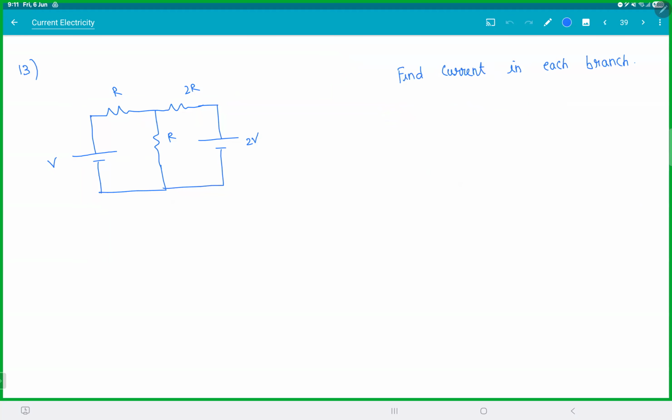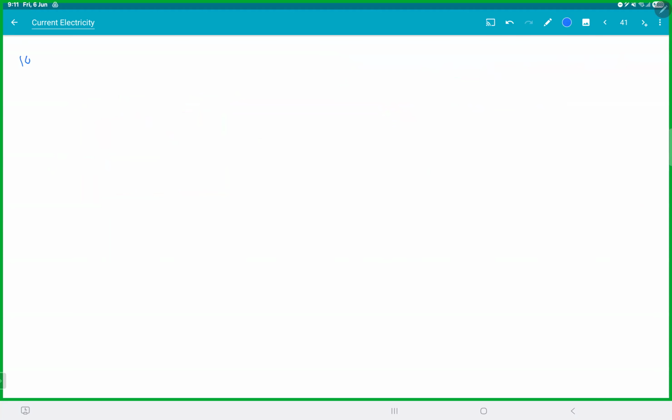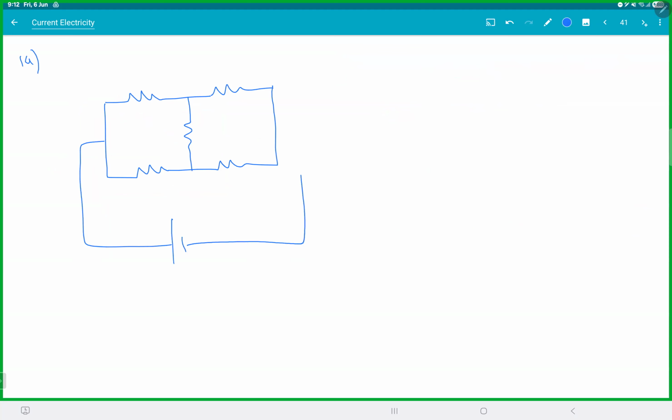Next one. I hope you remember this one. R, 2R, 3R, R, R, and V. Find the current in each branch and R equivalent.